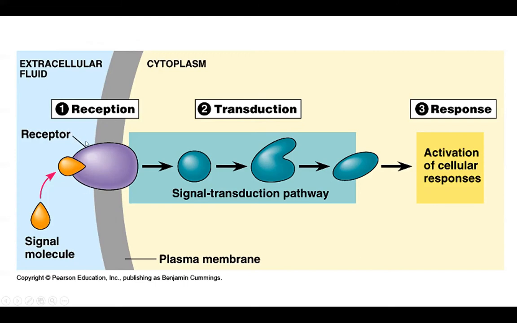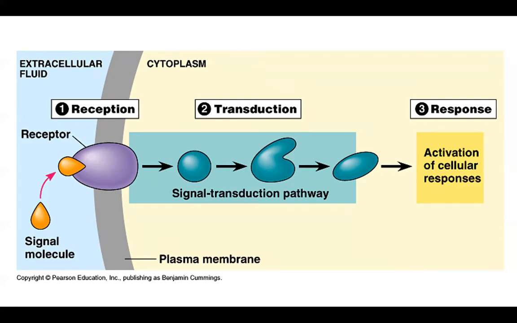The reception is going to happen when a signal molecule, which I'm going to largely refer to as the ligand, binds to the receptor. Most of the time, as mentioned in the previous video, these ligands can't directly get into the cells themselves. So they need this receptor to communicate what's going on outside. It's going to be this receptor's job to sort of yell into the cell, hey, here's what's going on out here.